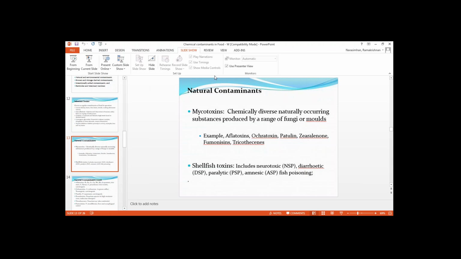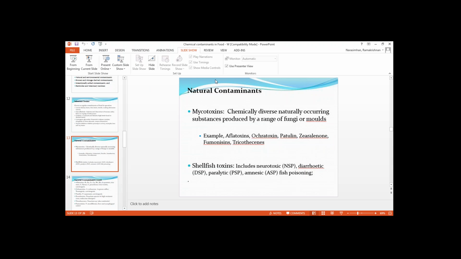Some of you may be familiar with the occurrence of DON, otherwise known as deoxynivalenol, which causes vomiting in animals, and hence it's also called vomitoxin. It has been found to be a teratogen, and this is found in commodities such as corn and wheat.